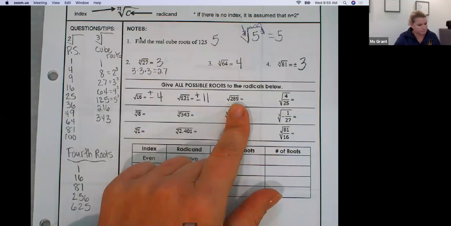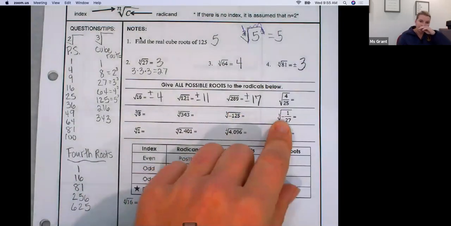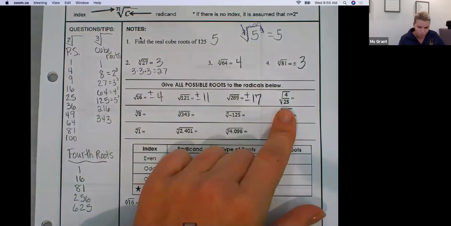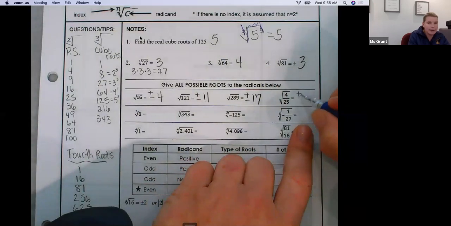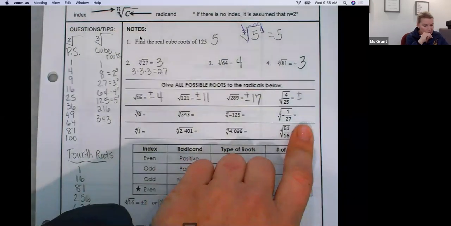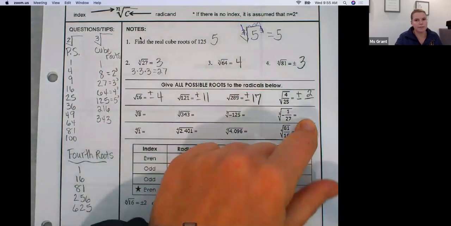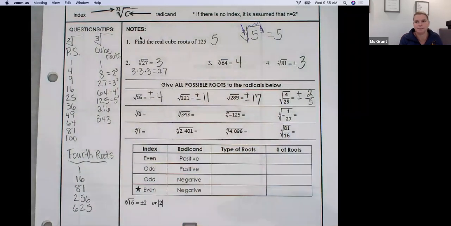Yep, it is. When I have a fraction, 4 over 25, 4 is a perfect square and 25 is a perfect square. So since they're both perfect squares, I just take them out. It's going to be plus or minus, and I'm going to do square root of 4, 2, square root of 25, 5. Plus or minus 2/5.